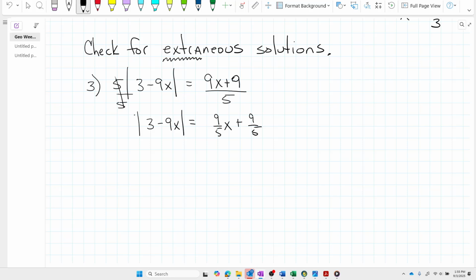And now we've got the absolute value symbol by itself. So we rewrite the equation as 3 minus 9x equals 9/5 x plus 9/5. And then 3 minus 9x equals negative 9/5 x minus 9/5.